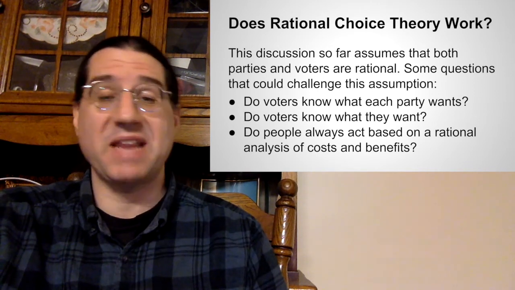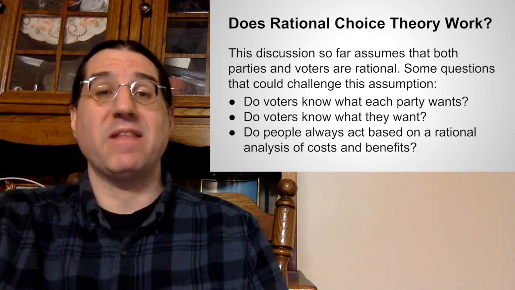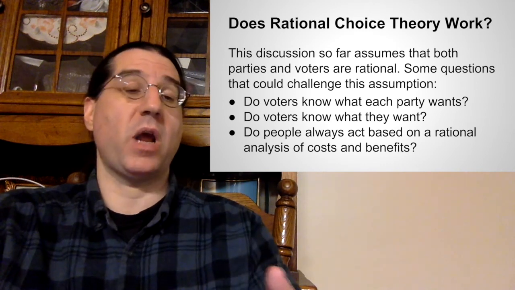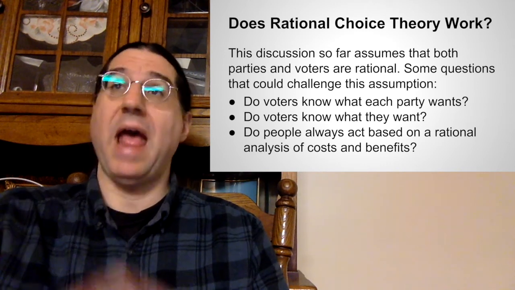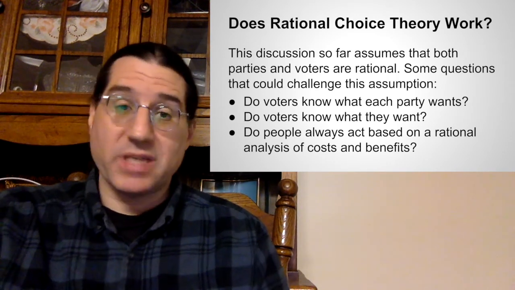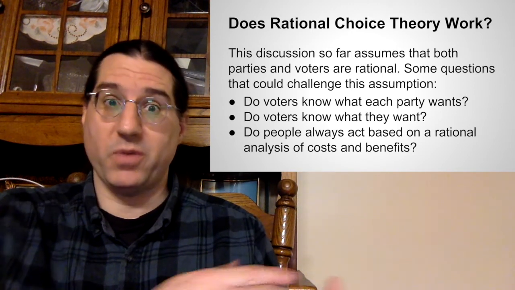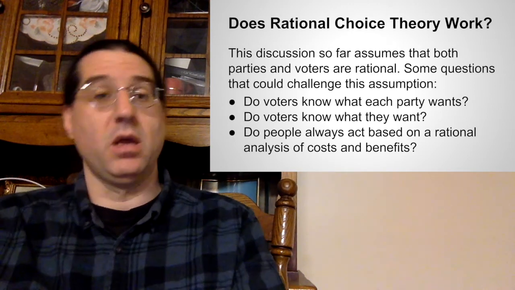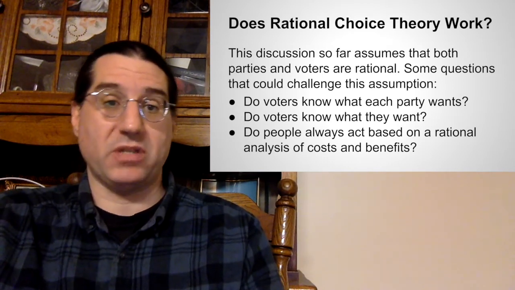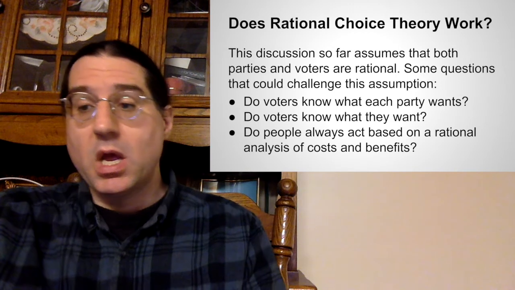Do they understand the issues well enough, understand their own desires well enough, that they can say, oh yes, here's what I want government to do, and this is the party that's specifically going to give it to me? We said before, a lot of Americans aren't very well informed about the government. So if that's the case, how can they then make their decision based on rational choice theory? That could be a complication.